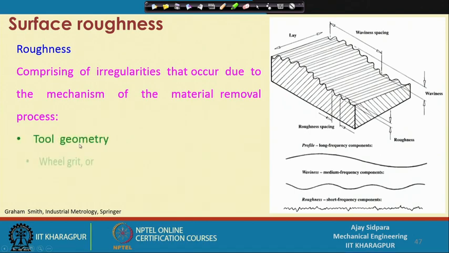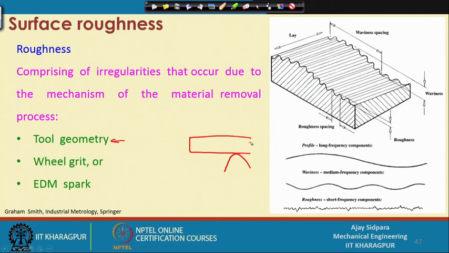First thing is the tool geometry, the wheel grit if it is a grinding process, and if it is a machining process then it is the EDM spark. Now how will this tool geometry affect here? Because we know that we have something called the nose radius, correct. Now let us consider that we are turning one workpiece, right.